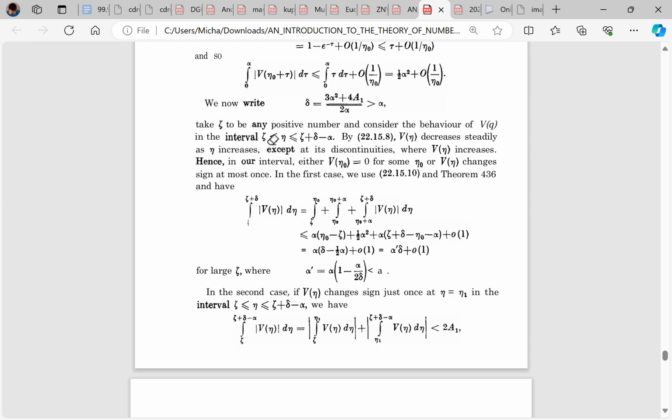So we're talking about this interval here, and we checked that it's greater than alpha, so this is something bigger, from zeta to something bigger. I guess it doesn't assume anything on the interval. So this is zeta to zeta plus delta.